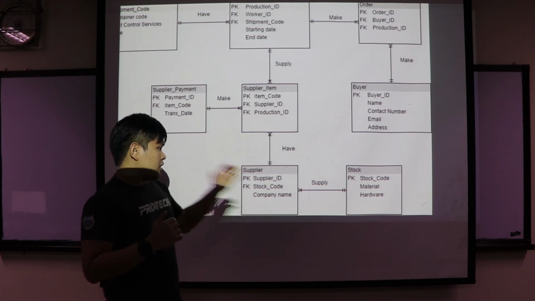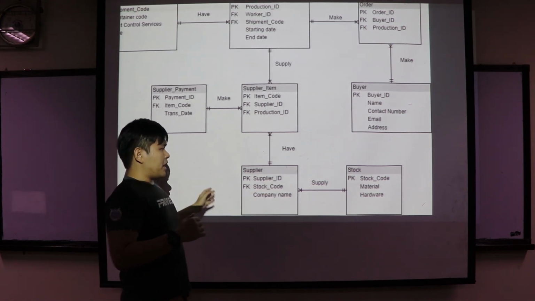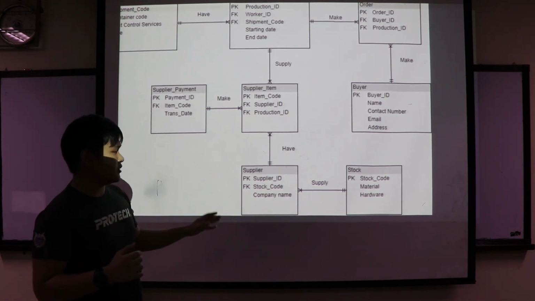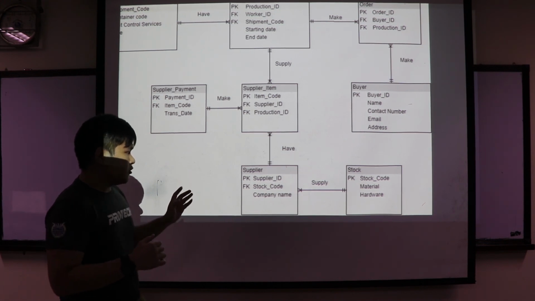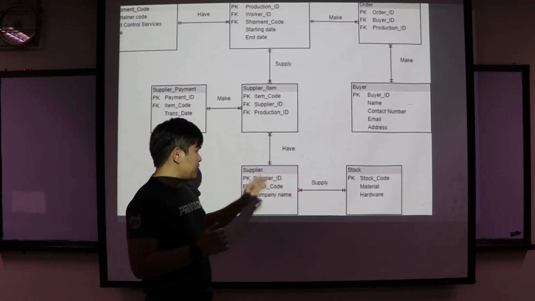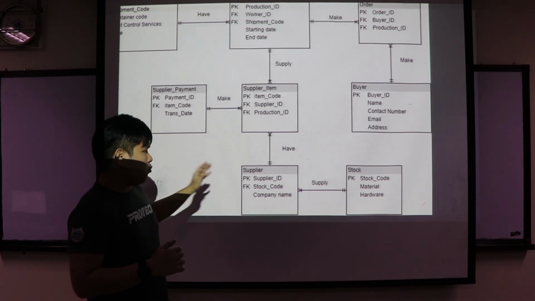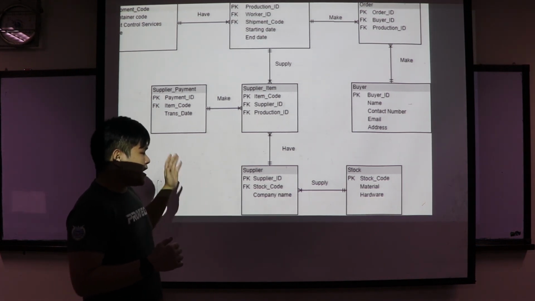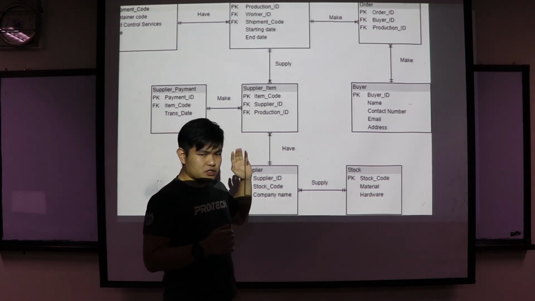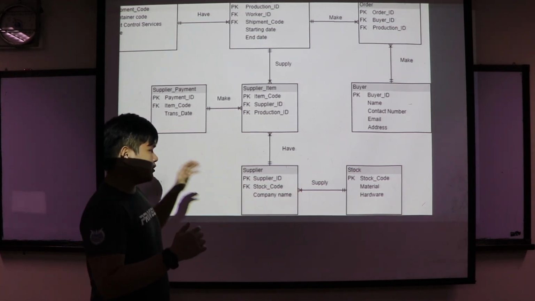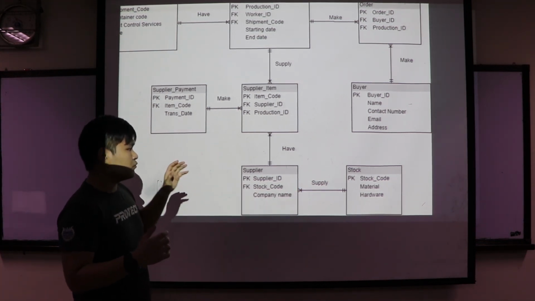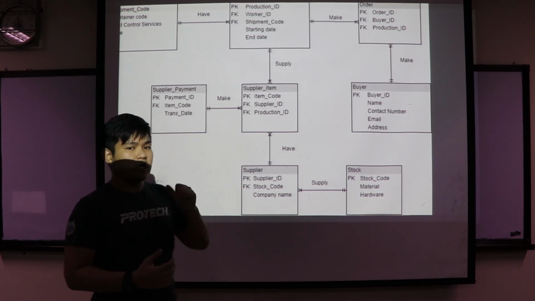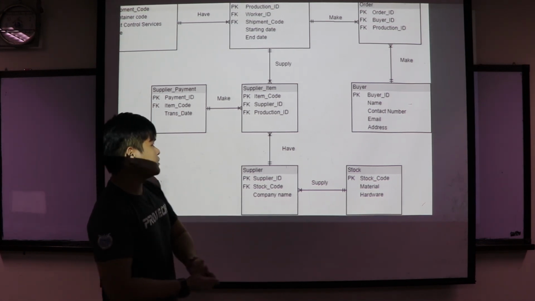This stock table connects to the suppliers, and this relationship is one to many. One stock can be supplied by many suppliers, and many suppliers can supply only one stock. Based on this relationship, we know it's one to many. And that's all for this question.